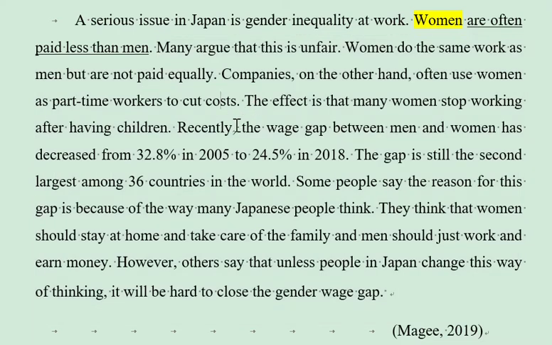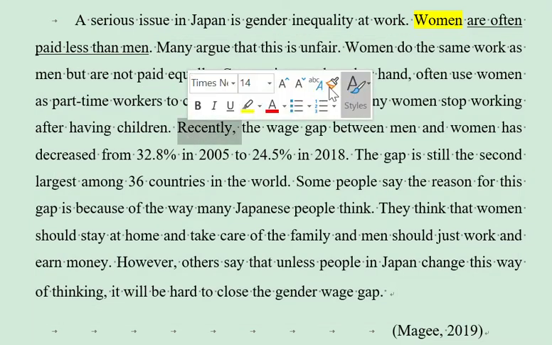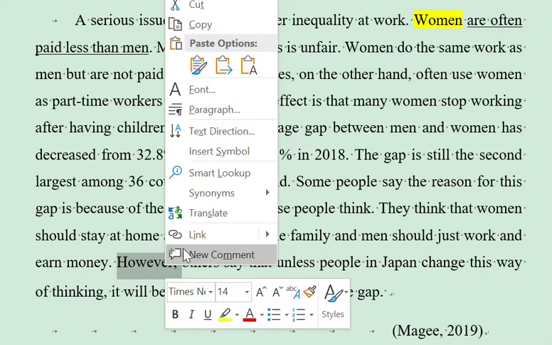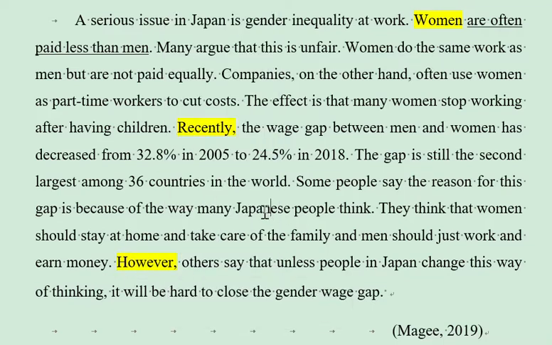Another feature to look for in reading are the transition words. Transition words are used by writers to make reading a little bit easier for us. They show us the kind of sentence or the type of sentence that's coming next.